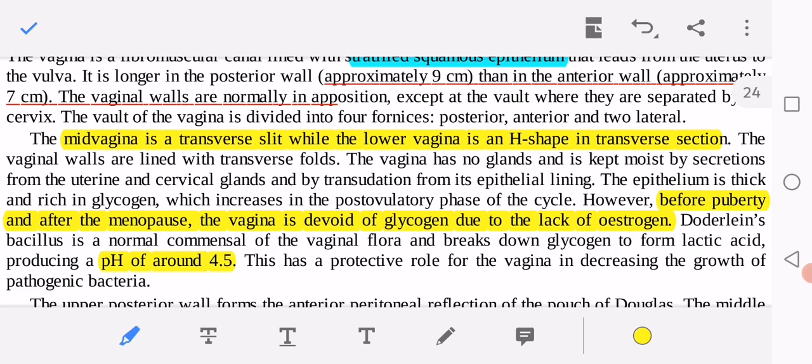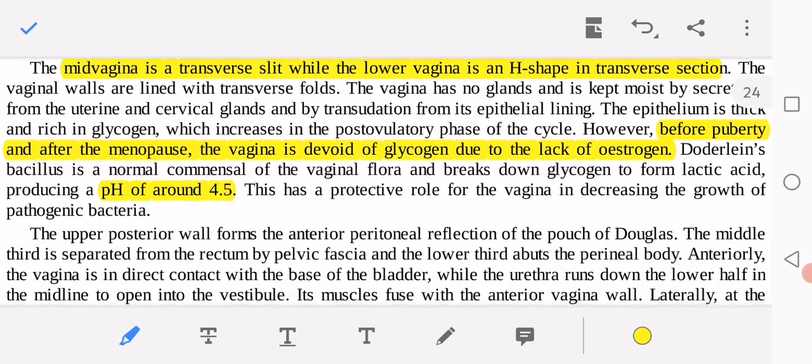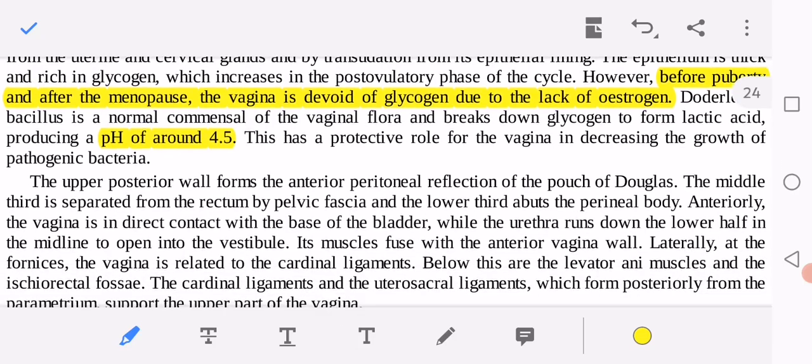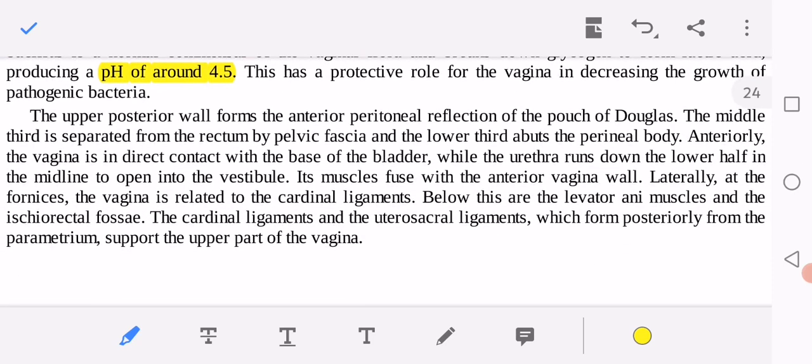This has a protective role for the vagina in decreasing the growth of pathogenic bacteria. So this is a very important factor to keep the vagina healthy. So why do infections occur? An alteration in the pH predisposes the vagina to vaginal infections.